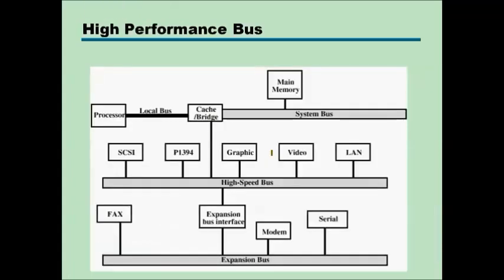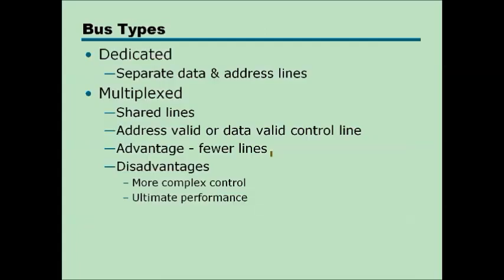This one is the high performance bus. That's how it looks if you're going to build a high performance bus. We have the system bus, the high speed bus, and the expansion bus that interconnects every single object here: the graphics, the video, the LAN, the modem, the serial, and the main memory.